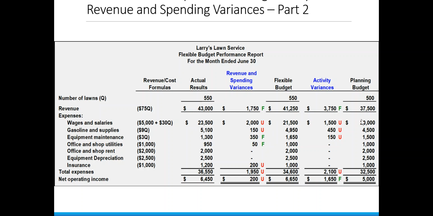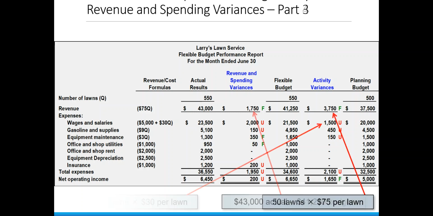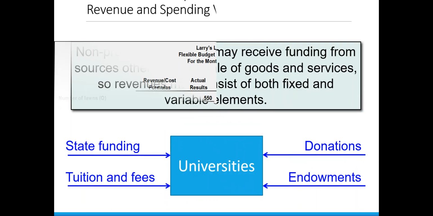So when you look at these and you see these variances that occur, you can identify what portion of it relates to activity level, what portion of it relates to revenue or expense. So this is showing you the calculation of these variances.